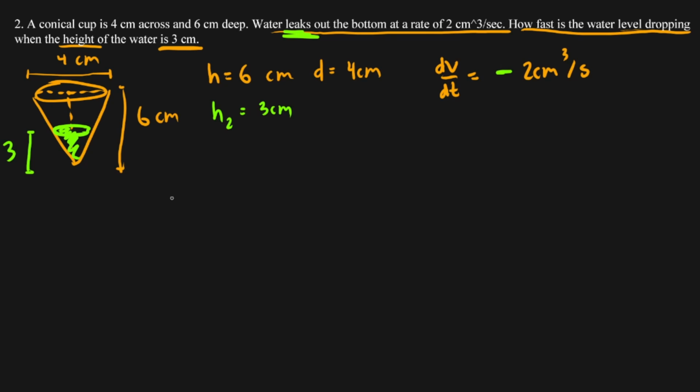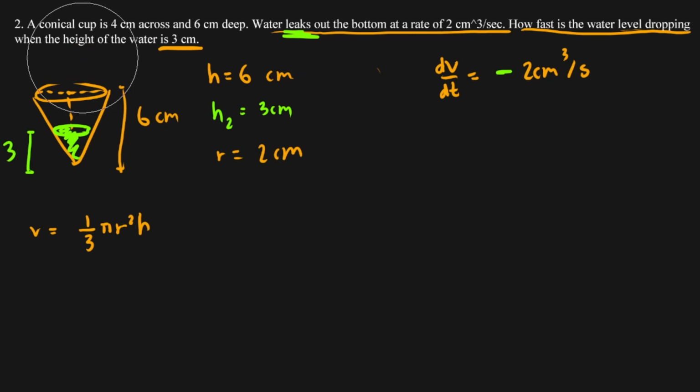So let's write down the equation for the volume of a cone. The volume of a cone is 1/3 pi r squared times height. Now, we don't have the radius right now, but we know that the radius is half of the diameter, and we're given the diameter is 4, so the radius is going to equal 2 centimeters. Up here, we'll just write the radius is 2 centimeters.